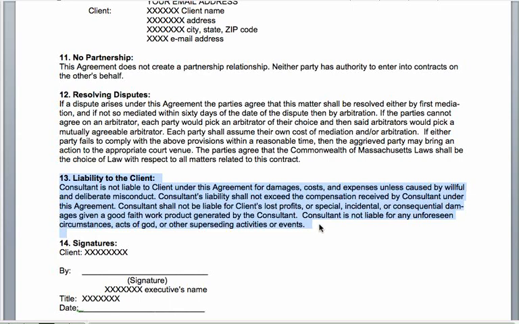Basically, it essentially says that you're only liable to them if you make a willful and deliberate mistake or engage in knowing misconduct, but protects you from other sorts of accidental or unknowing mistakes, as well as events that are beyond your control. So that's very important to address in the agreement.